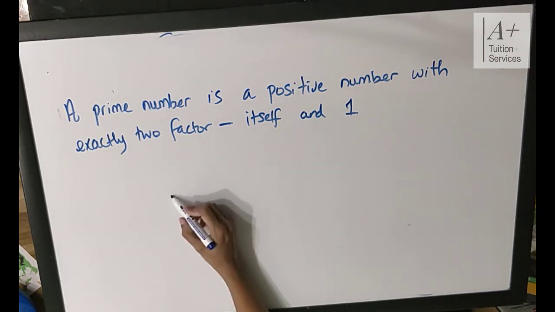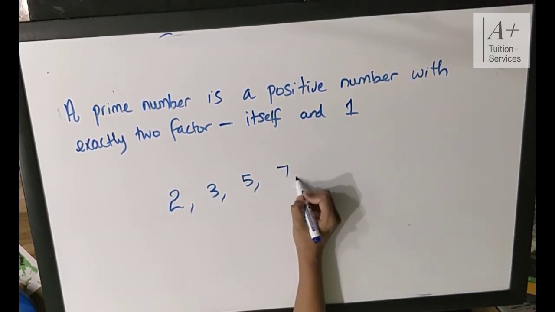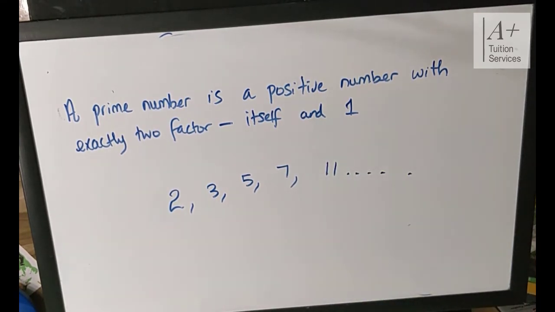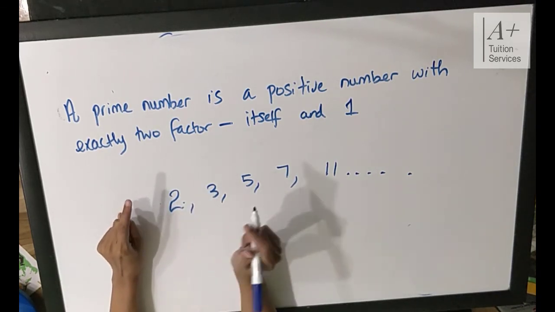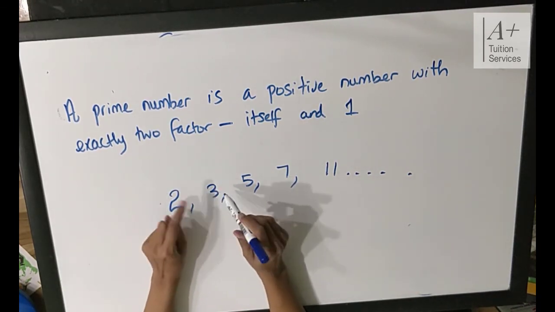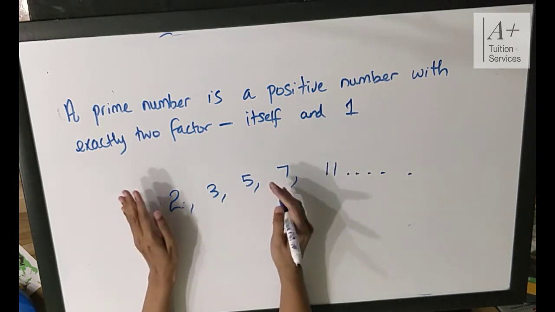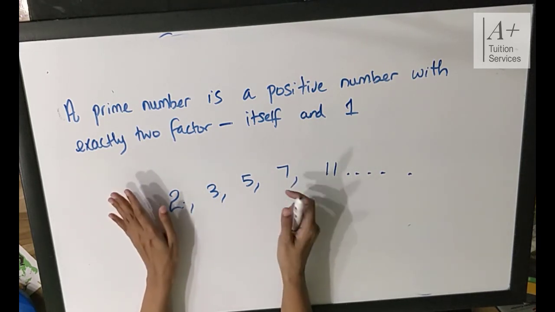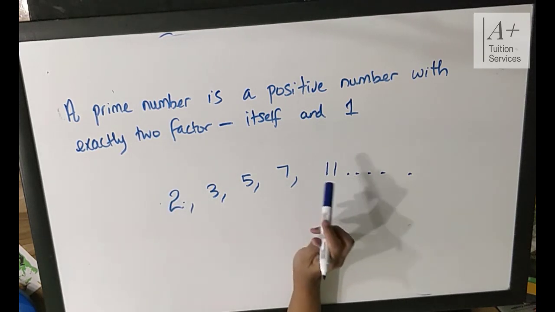So 2 is a prime number, 3 is a prime number, 5 is a prime number, 7 is a prime number, 11 is a prime number, and so on, right? 2 could go into itself 1 time and 1 can go into 2. 3 could go into itself 1 time and 1. We're not talking about remainders, we're talking about exactly. 5 could go into itself 1 time and 1 can go into 5, as well as 7 and 11.